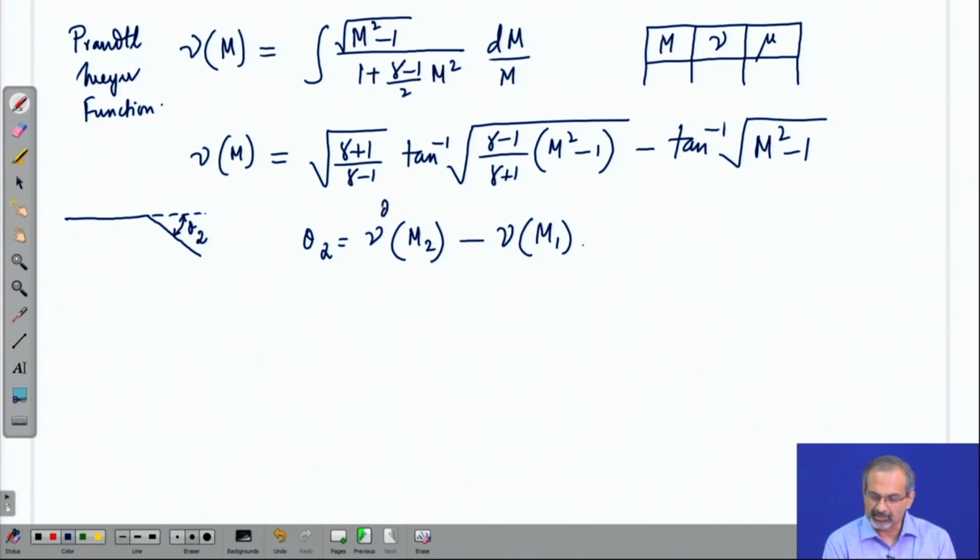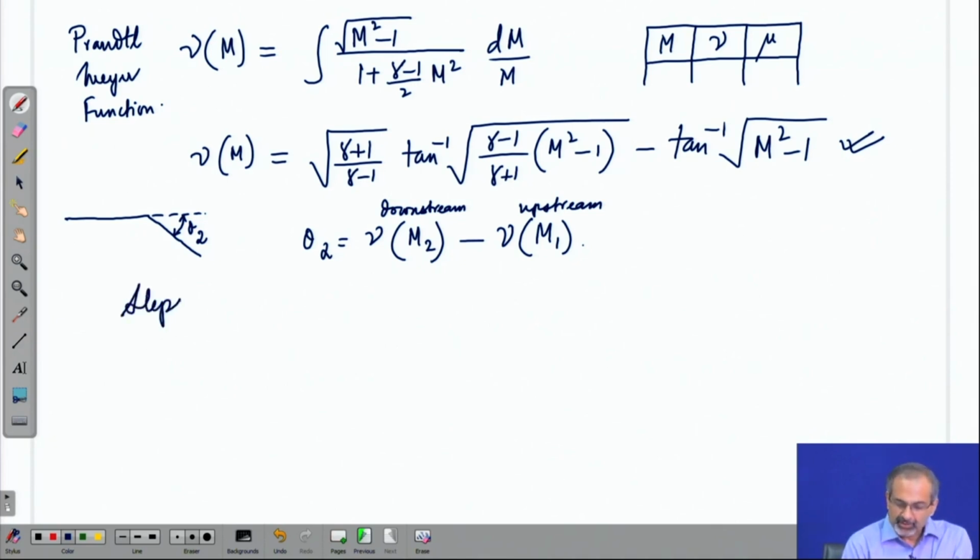That means, this is the downstream side value of the function, this is the upstream side value of the function, and the function itself is given by this equation. Therefore, you can work out those functional values. Now, let us try to find out the steps that we would like to take, the steps for calculations.